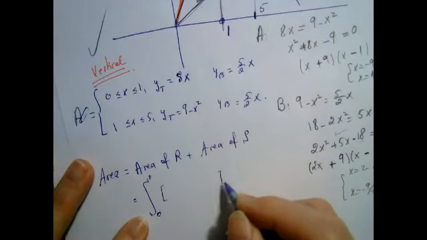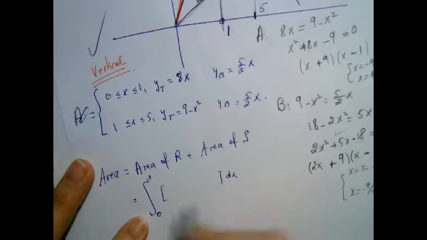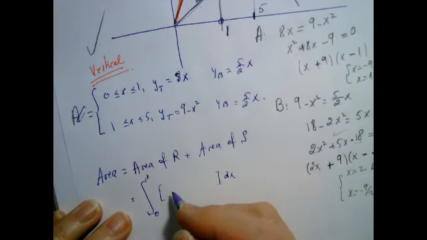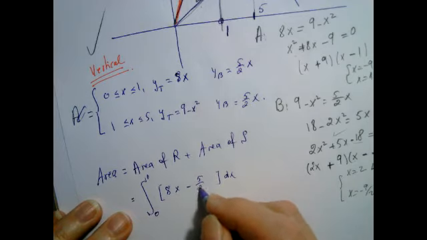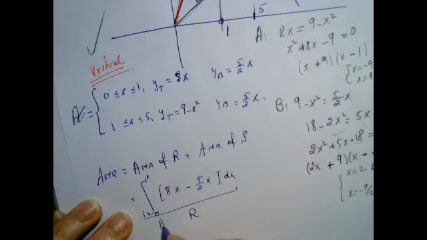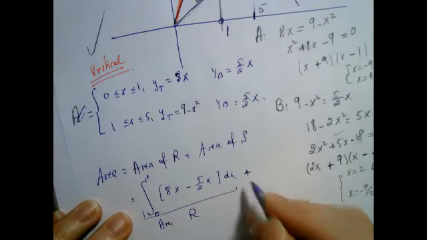And basically, I'm putting here the area of those rectangles. That's what I'm adding. So what do you want me to put inside the integral? 8x minus 5/2 x. That's area of R. Okay, what's the area of S?